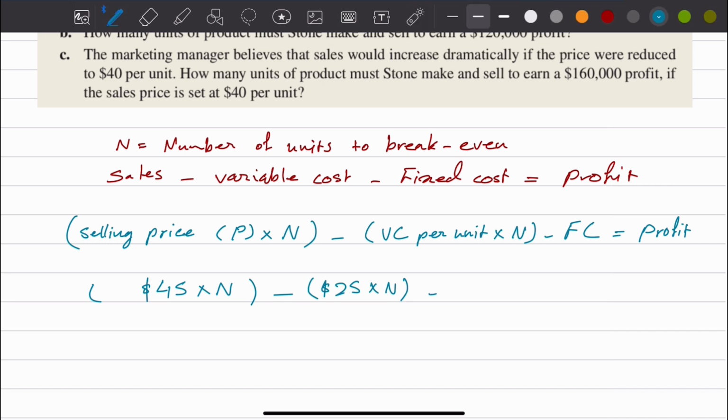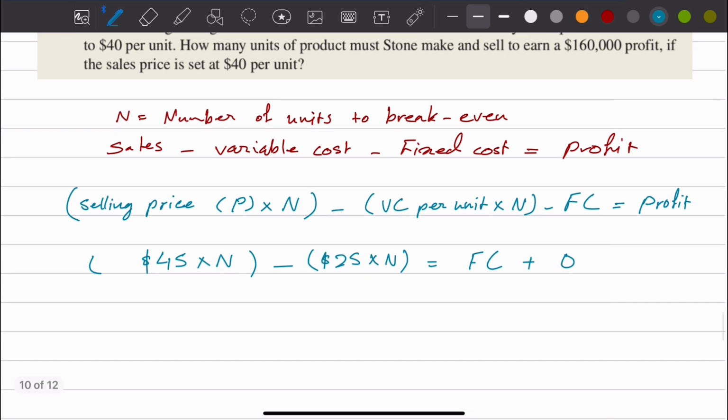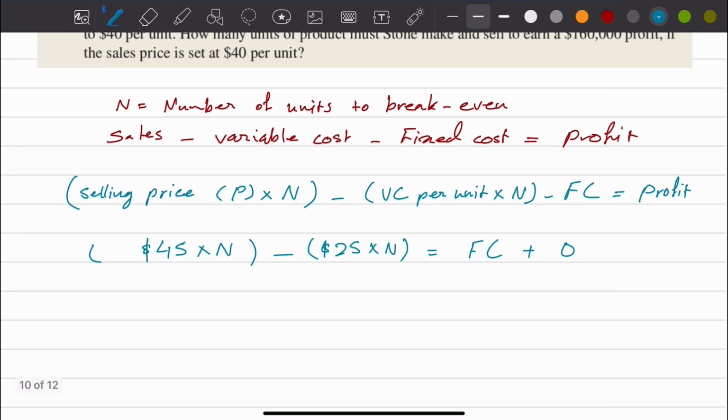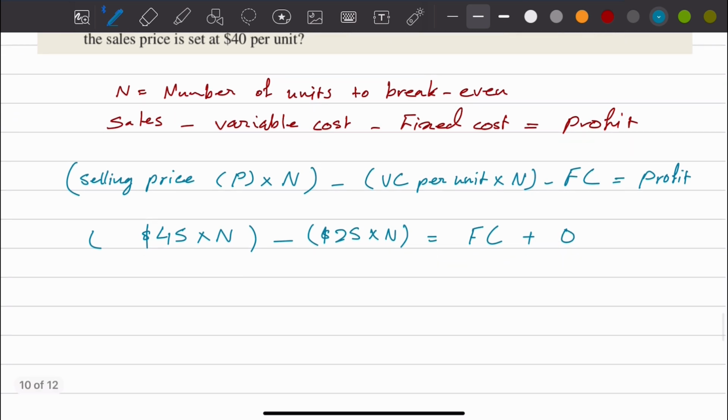So it's going to equal positive fixed costs plus the profit, which at the break-even point should be zero. So that would be equal to zero. This is us using the first method, which is the equation method, right?